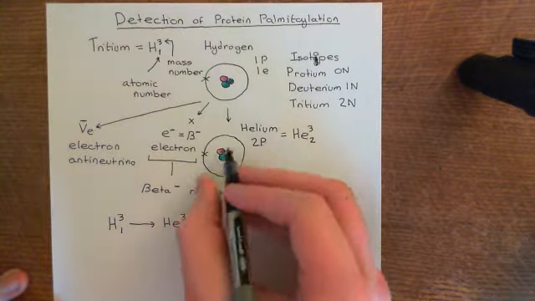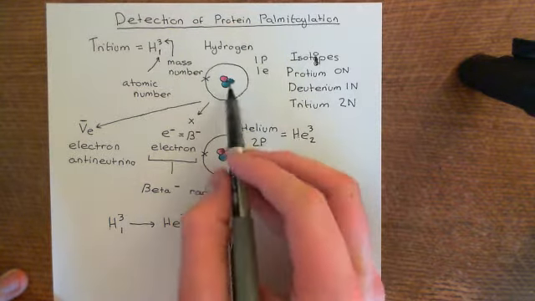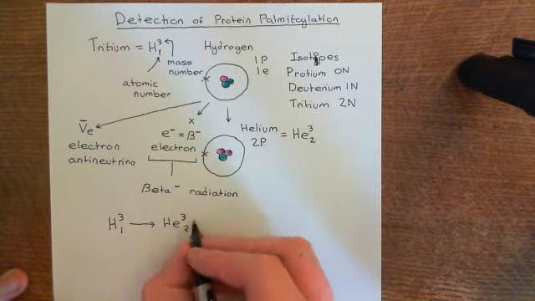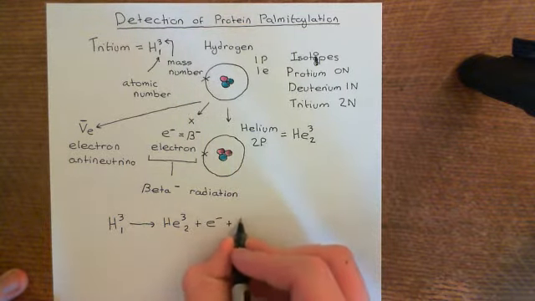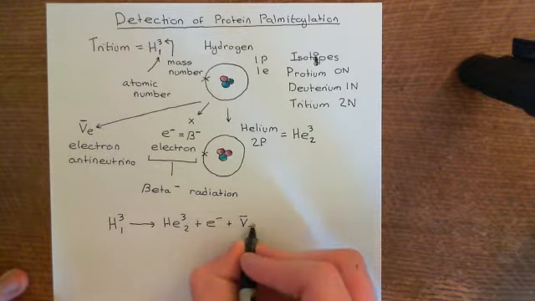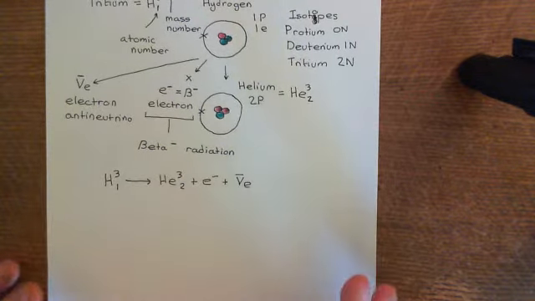One neutron is turning into a proton, and it will also emit an electron plus this silly thing called an electron antineutrino. So that's the decay of tritium.